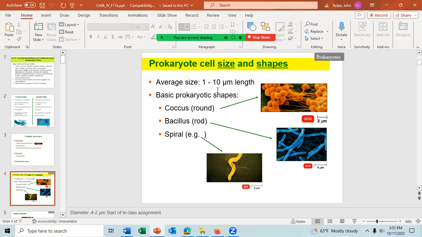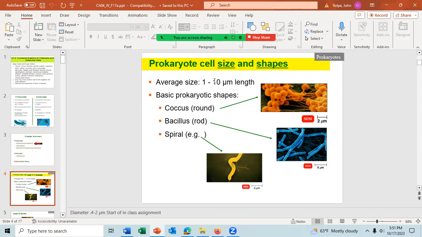You can get some prokaryote cells which are smaller, but people believe those cells are not viable. So about 0.4 is the smallest prokaryote that's at least viable, and about 10 micrometers is the longest.